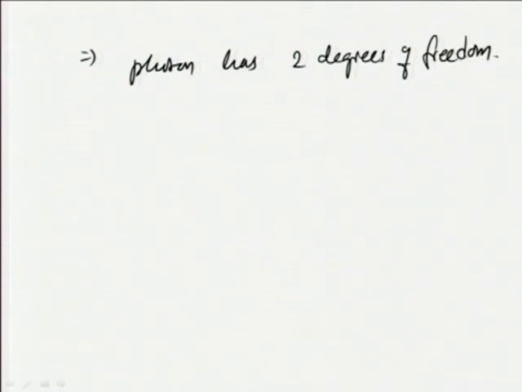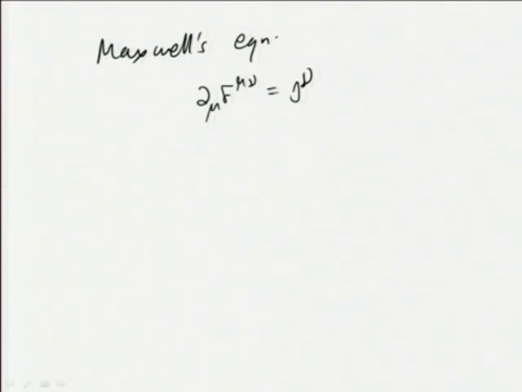So, let us summarize what we have been doing. We had the Maxwell's equation in terms of field tensor, dou mu F mu nu equal to J nu, and we could write F mu nu in terms of vector potential as dou mu A nu minus dou nu A mu.